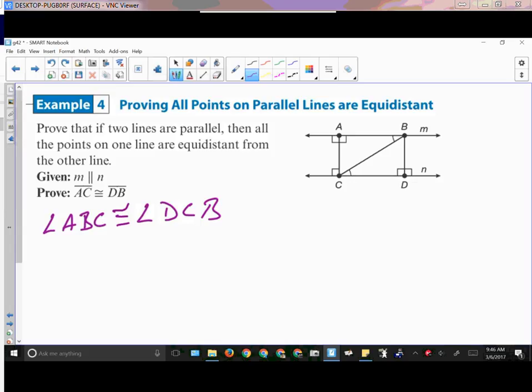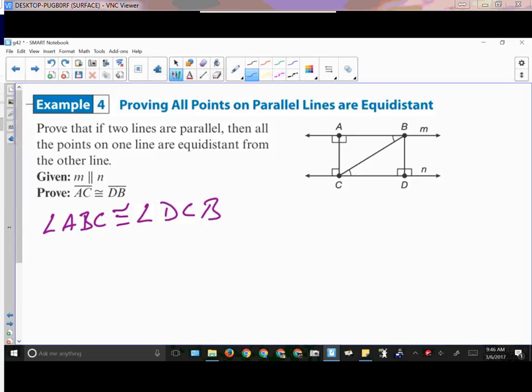What would be the reason for those two to be congruent? Parallel lines, transversal, opposite sides of the line.